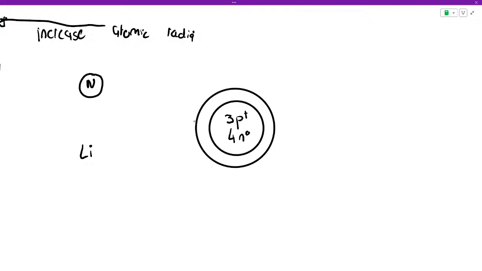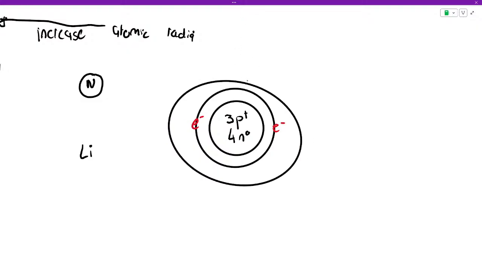So 1, 2, and 3. The problem is, because it has a much larger atomic radius, this electron is quite far out. This one here is quite far, meaning there's going to be less of a pull force, because the general charge of a nucleus is positive. That's why the electrons are attracted to it.